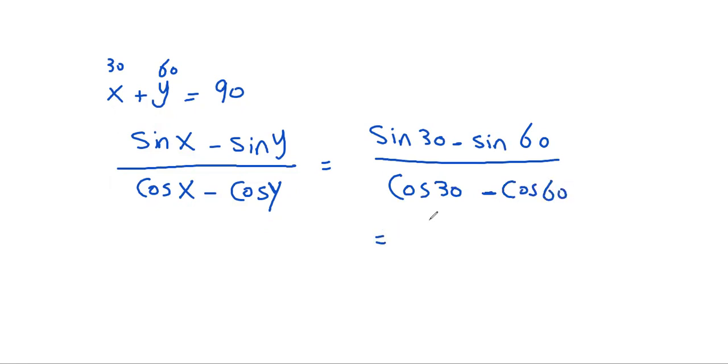You will find that sine 30 is half, so half minus root 3 over 2, over cosine 30, which is root 3 over 2, minus cosine 60, which is half.